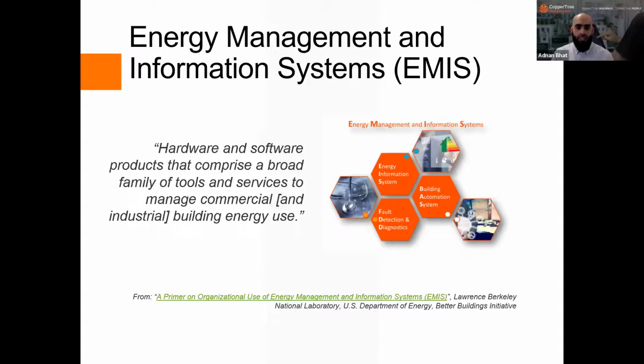And automated system optimization, or ASO, provides two-way communication with the building automation system and works in conjunction with other tools to analyze and fine-tune BAS set points and other parameters to optimize HVAC system sequences to reduce energy usage and maintain occupant comfort.